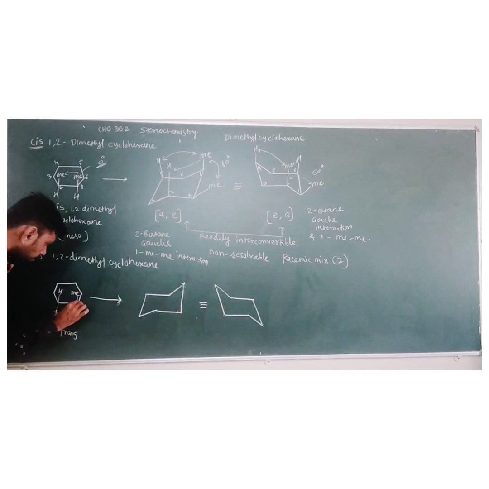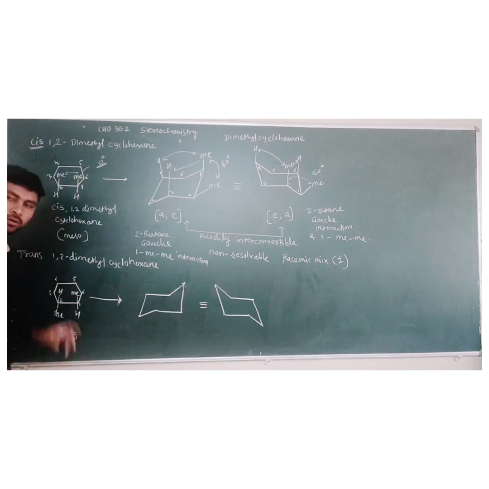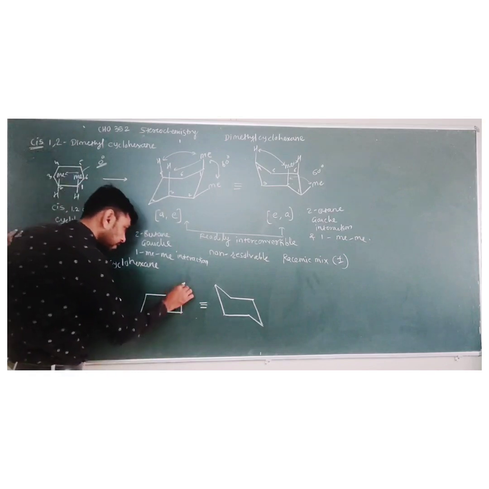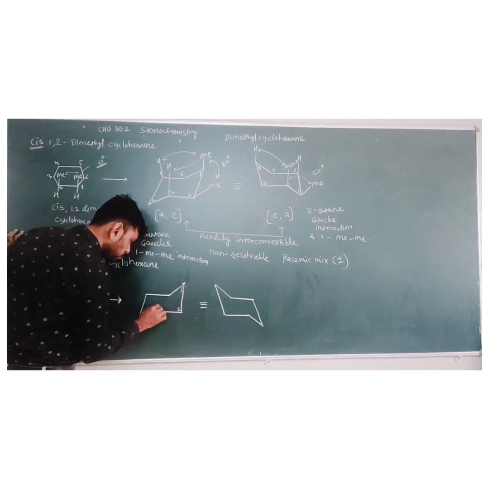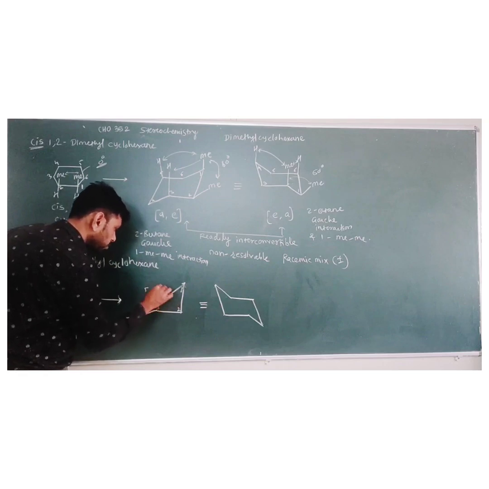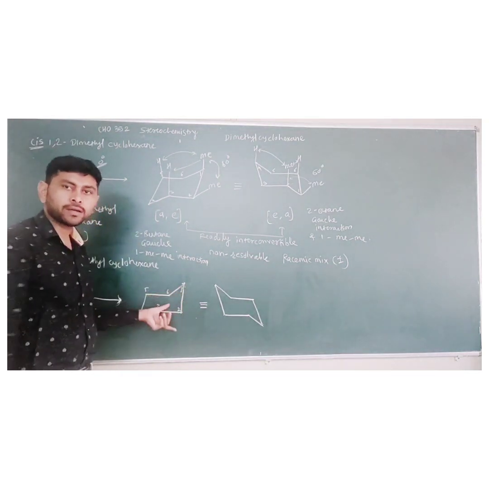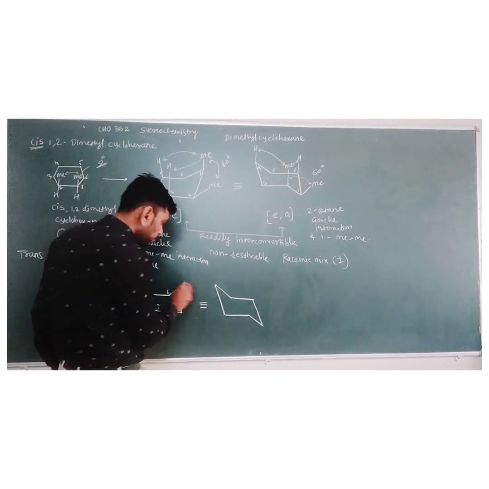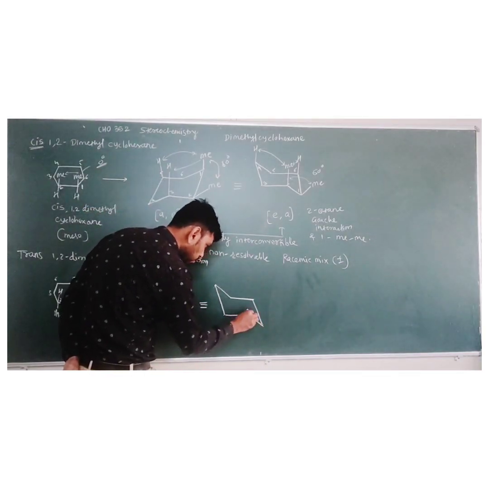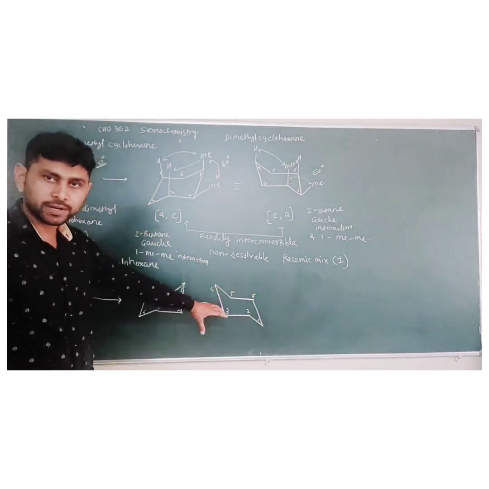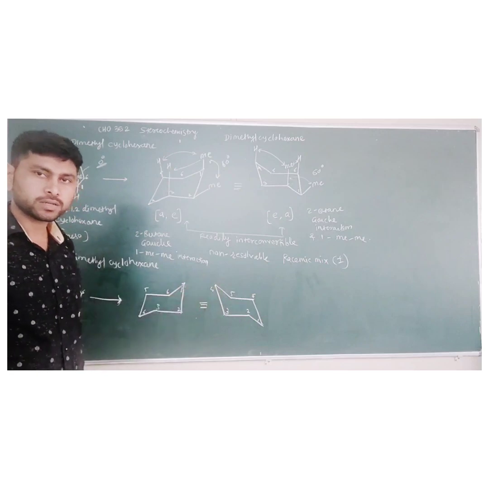Give numbering here, 1, 2, 3, 4, 5, 6, and draw the proper stereochemistry. When the ring gets flipped, the flipping of the ring gives the numbering 1, 2, 3, 4, 5, 6. So flipping of the ring converts structure 1 into structure 2.